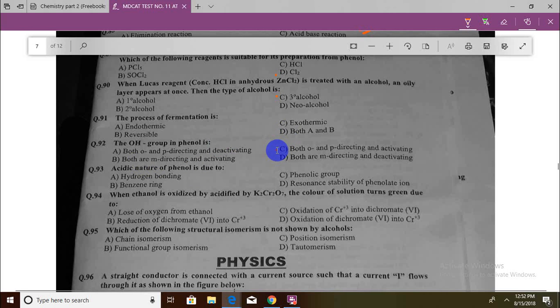And what about the acidic nature of phenol? The acidic nature of phenol is due to hydrogen bonding. You should know that that is a physical property to an extent and has nothing to do with the acidic property. Is it due to the benzene ring? Unlikely. What about the phenolic group? The phenolic group is this part over here. Potentially. And D is the resonance stability of the phenolate ion.